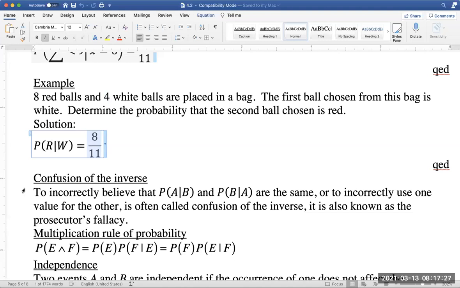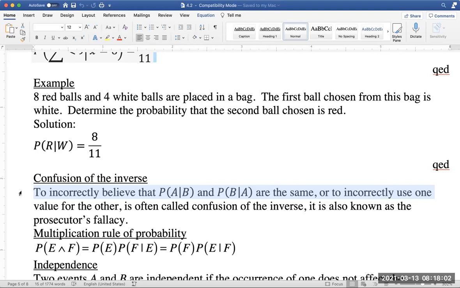So, confusion of the inverse. This is usually called the prosecutor's fallacy because, well, in most trials, many lawyers are not mathematicians, or they just disregard the fact that they were mathematicians.